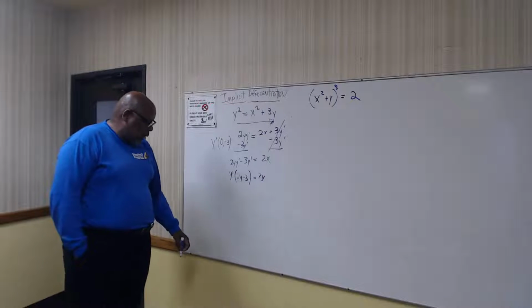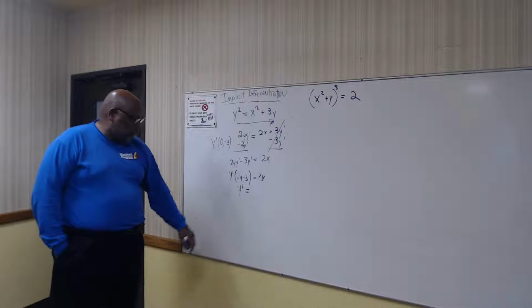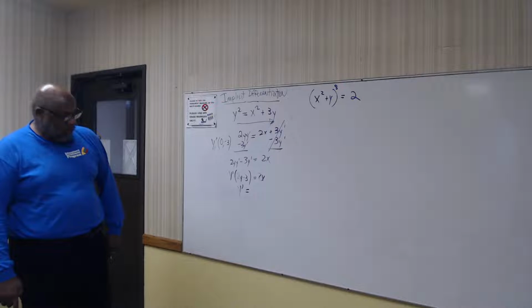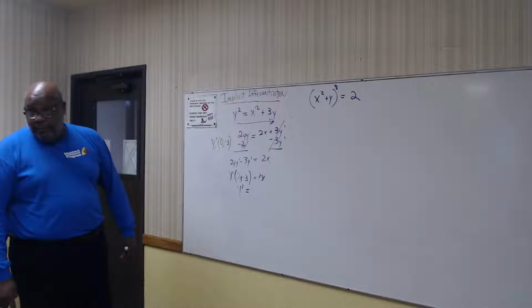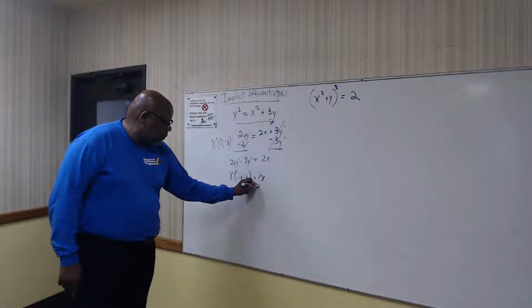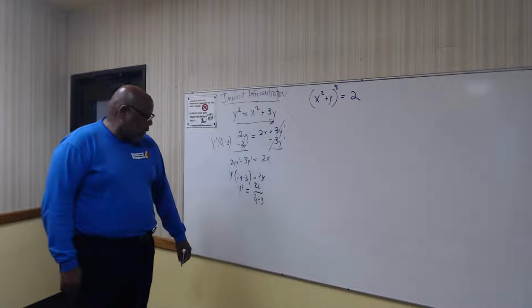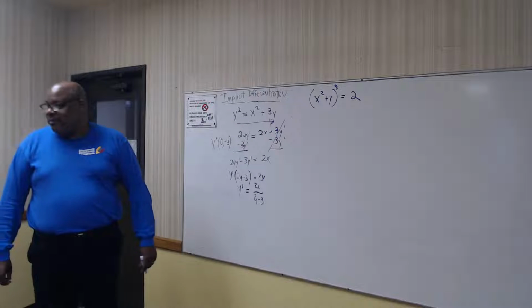Now what, Bailey? What's y prime equal to? Look at the board here, probably is better. What should we divide both sides by? 2y minus 3. That's it. Just simple as that. It's done.